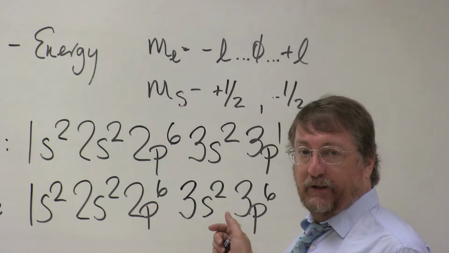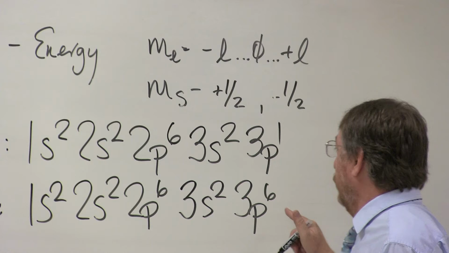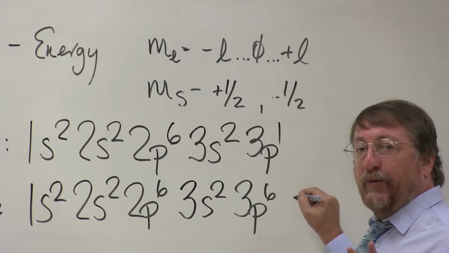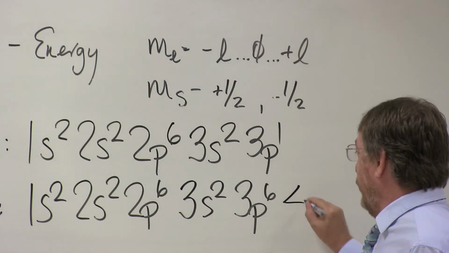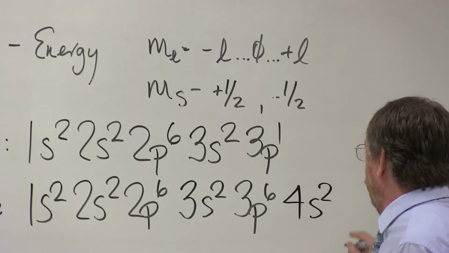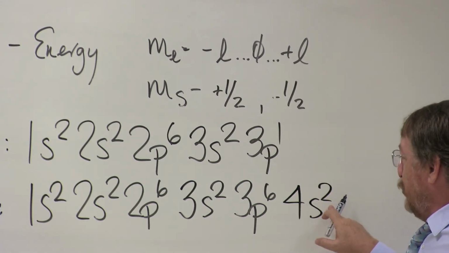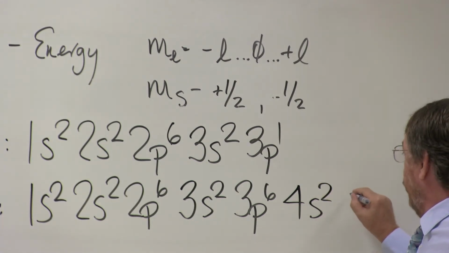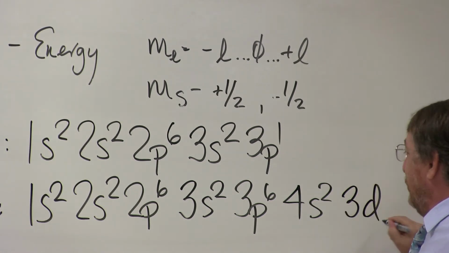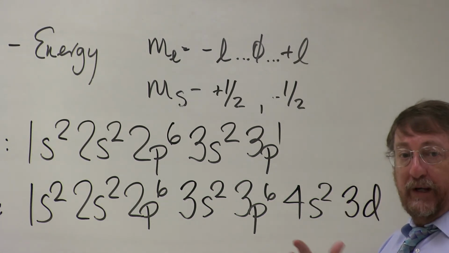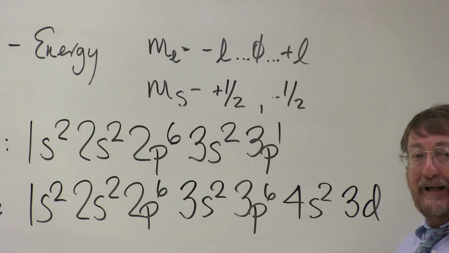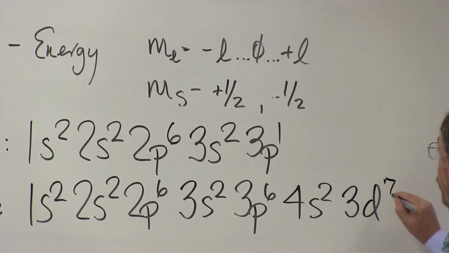Cobalt has 27 electrons, so I have 9 electrons remaining. After the 3p is not the 3d, it's the 4s. So I've got 4s2. That gives me 20 electrons. I need 7 more. The 3d, d has 5 orbitals, so it can hold 10 electrons, but there's only 7 here. So we're going to finish with 3d7.